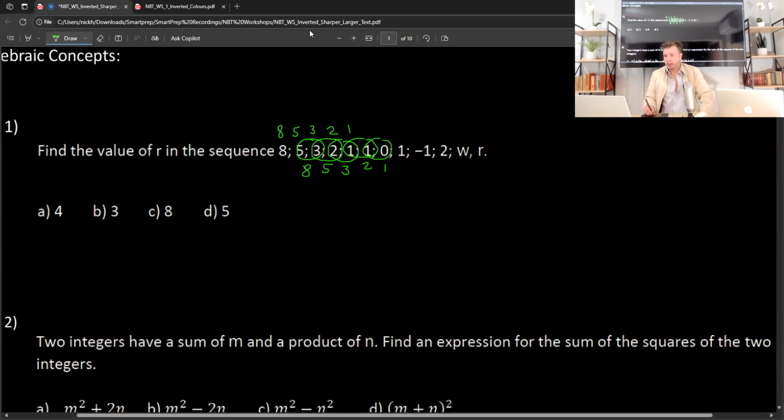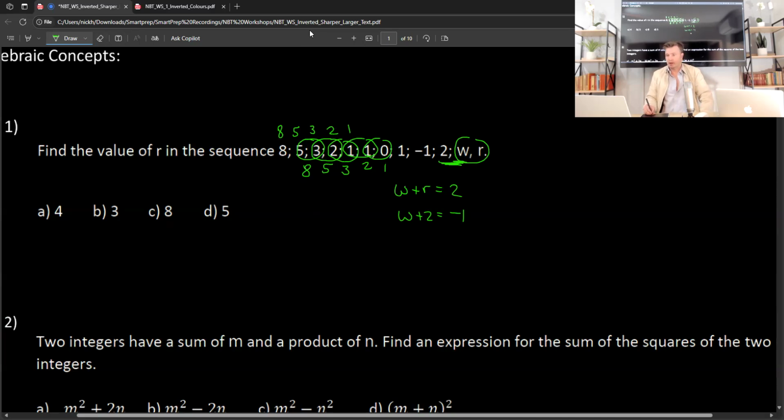Okay, so we know then that if that's the case, W plus R must equal the number on the left, W plus R is equal to 2. W plus 2 gives you negative 1, right? So W plus 2 gives me negative 1.